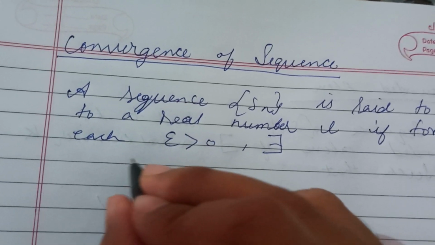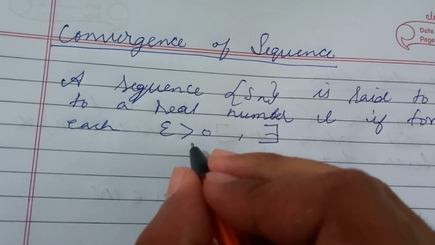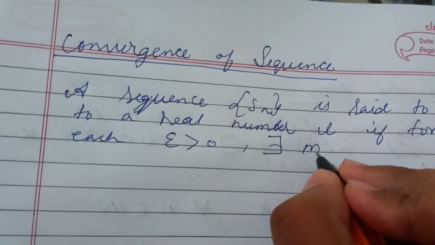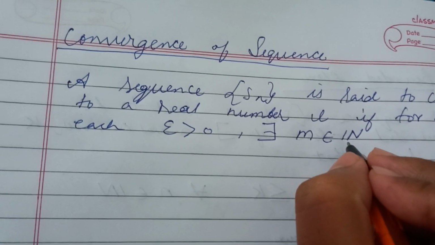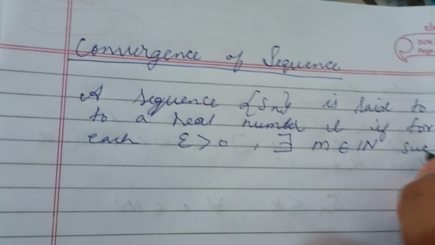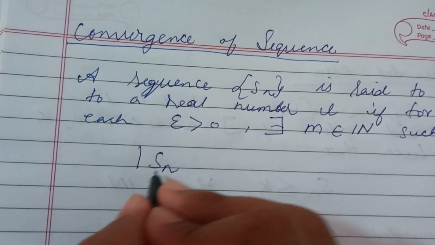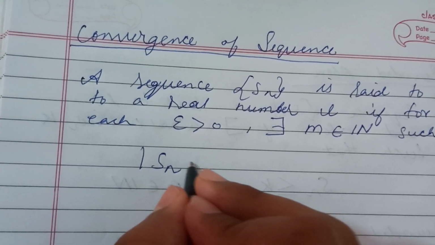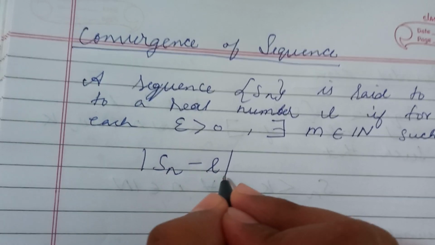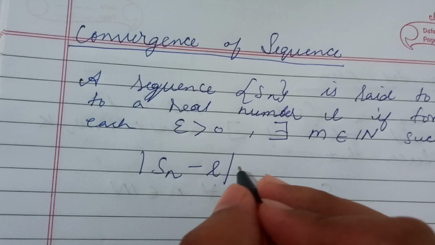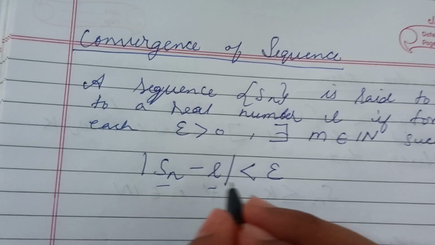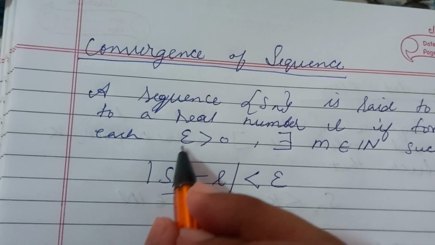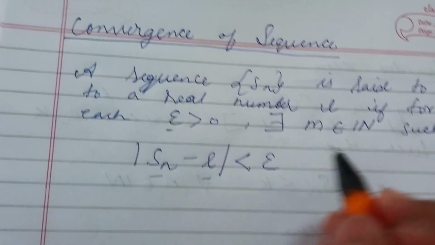So for each epsilon greater than 0, there should exist a positive integer N such that we'll have the condition: |Sn minus the limit L|, the difference of these two, should be less than the number we have considered, which is epsilon.